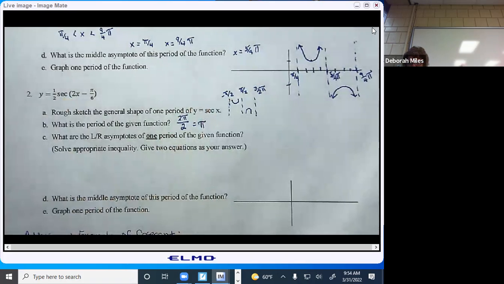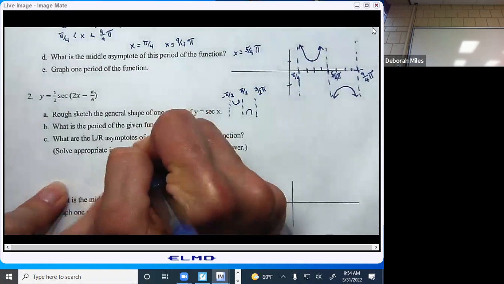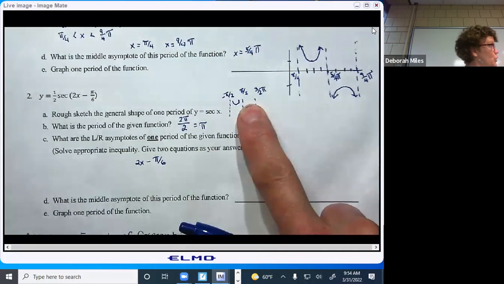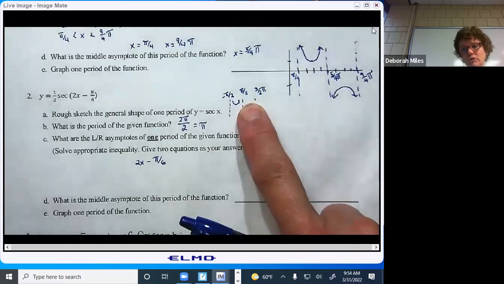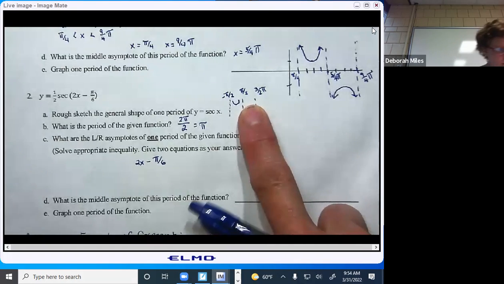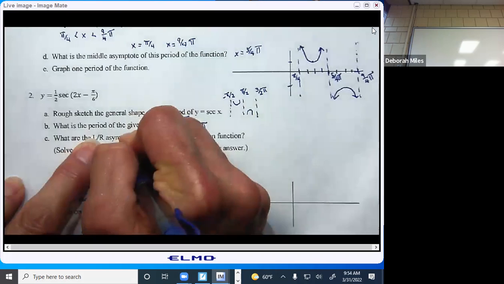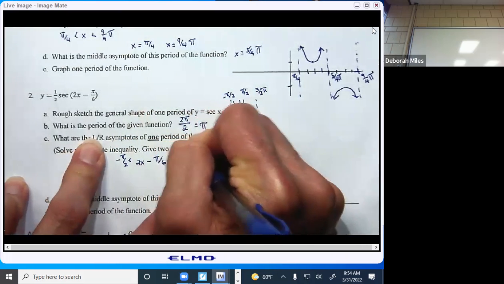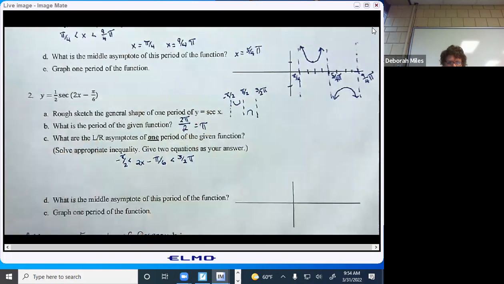Colby, remind me how to find one pair of asymptotes. Because that's what we chose for our left and right asymptotes of just the basic function. Good job, Colby. I'm going to set that between -pi/2 and 3/2 pi. And then I'm going to add pi/6 to all 3 sides.